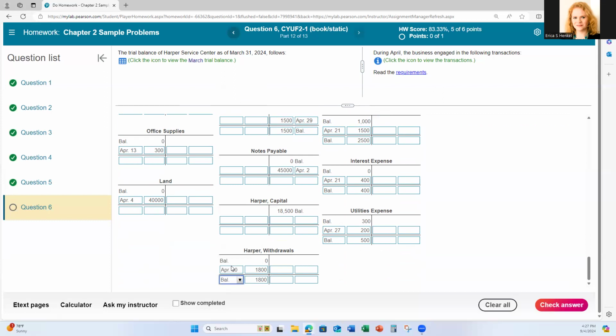All right, so Harper Capital did not change. We can just total all these up now, make sure we've got a balance for everything. Now, all of these where it's all on one side, it's pretty straightforward. You just add it all up.